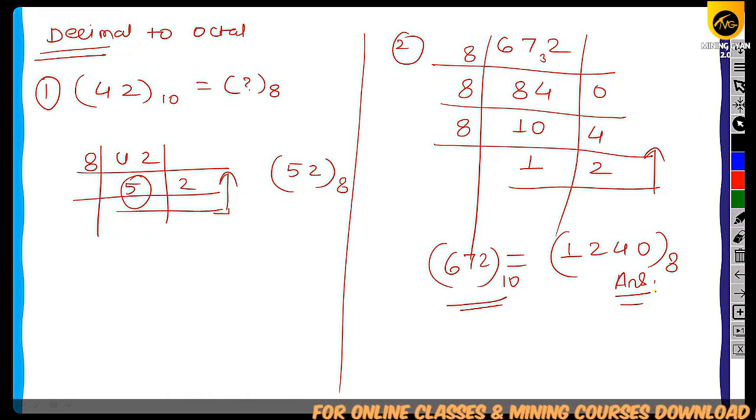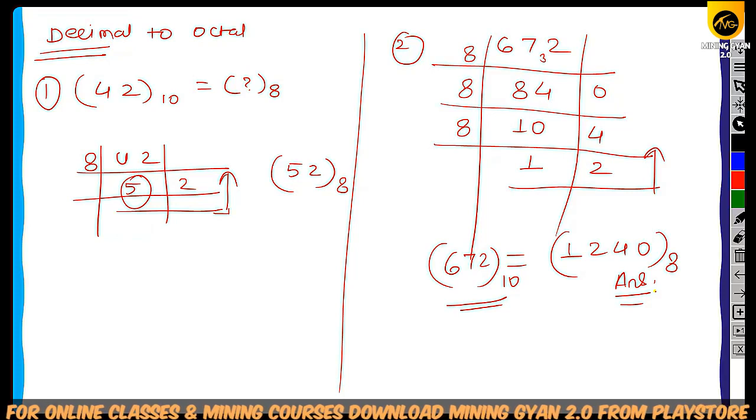If you want to convert any decimal number into a binary, octal or hexadecimal number, the procedure is the same, which is the division method. But always remember which one will be the divisor.